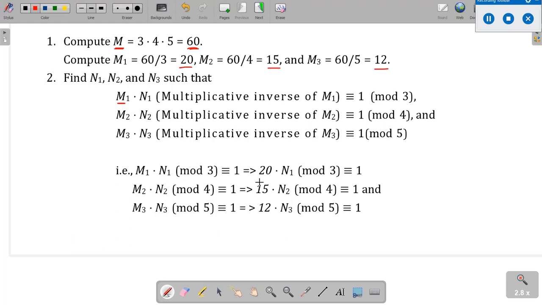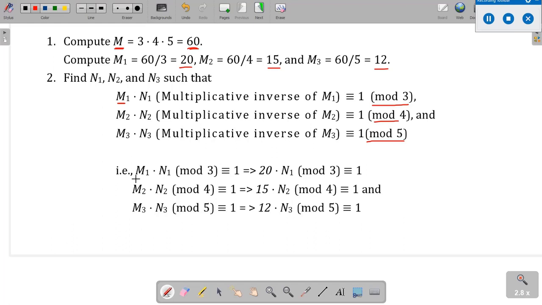We can shift this mod value to the left side. So if we shift this mod 3 to the left side, then it will be m1 dot n1 mod 3 congruent to 1. And for second, m2 n2 mod 4 congruent to 1, and this mod 4 comes on the left hand side. And for third, m3 dot n3 mod 5 congruent to 1.